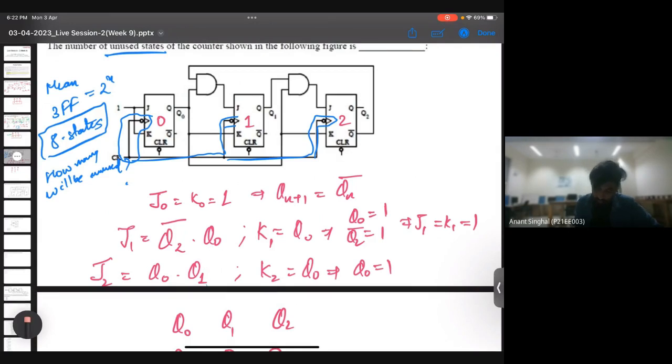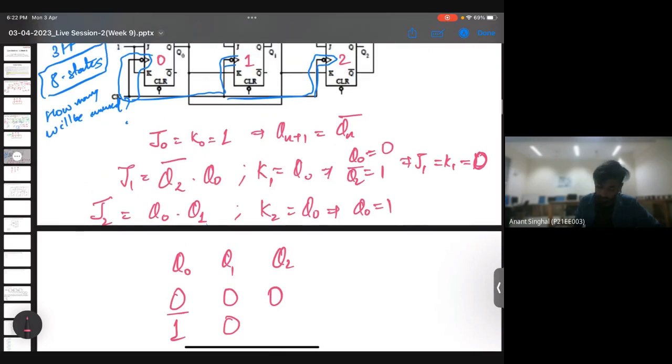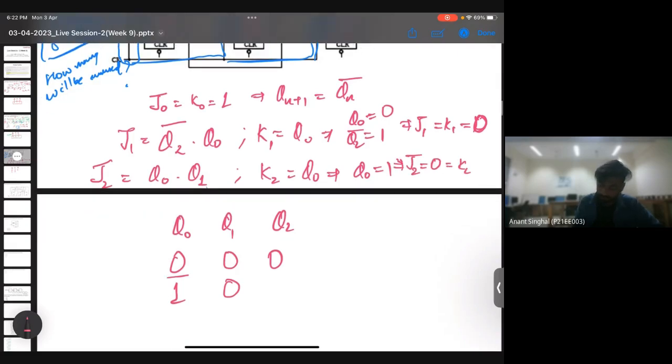Yes, correct, I've written it wrong here. So Q0 will be 0, and J and K both will be 0, since K1 is nothing but Q0. So Q1 will remain as it was in the previous state. Is it fine? Yes, sir. For J2, Q0 was 0, so J2 will be 0, and K2 is also 0. So again it will remain in the same state. Is it fine?